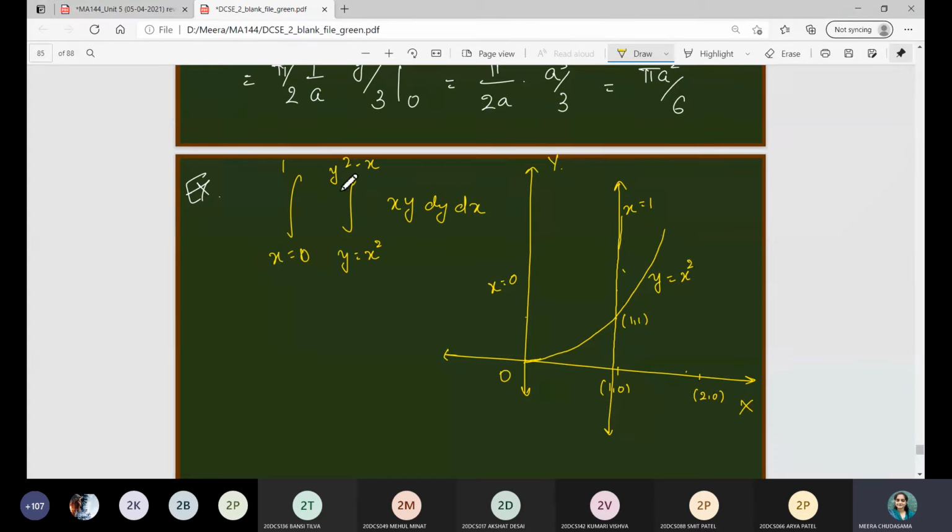Another thing we are given is y is equal to 2 minus x. So when x is equal to 0, y value is 2. So this is suppose y value 1, and this will correspond to y is equal to 2 value, right? So this is one of the points of the straight line, and when x is equal to 1, y value is also 1.